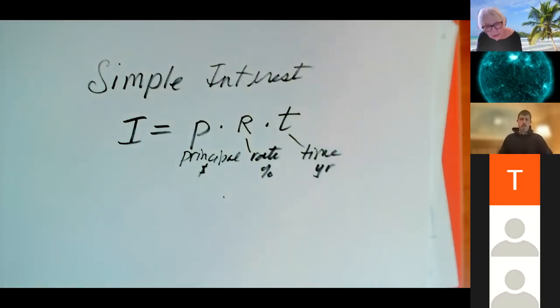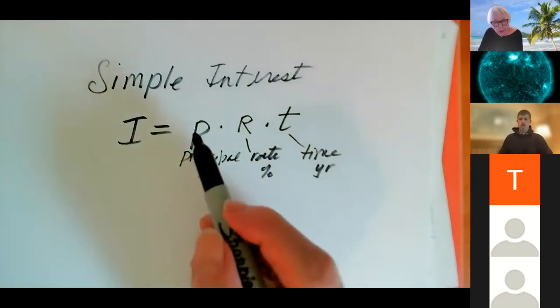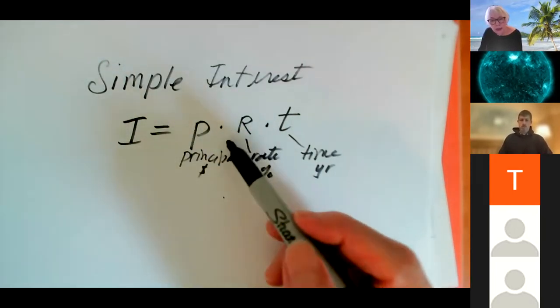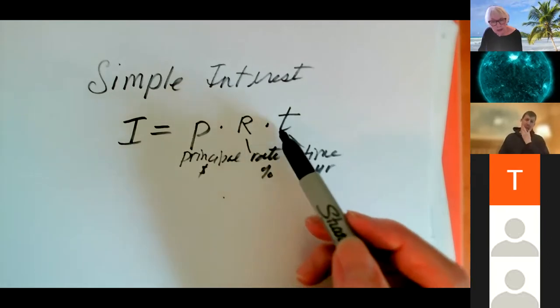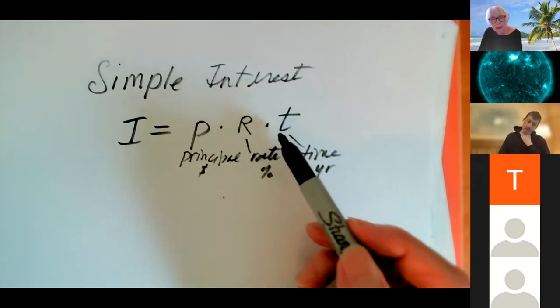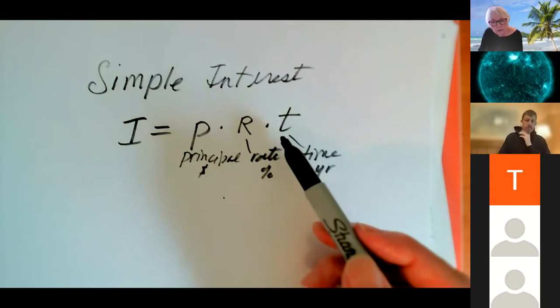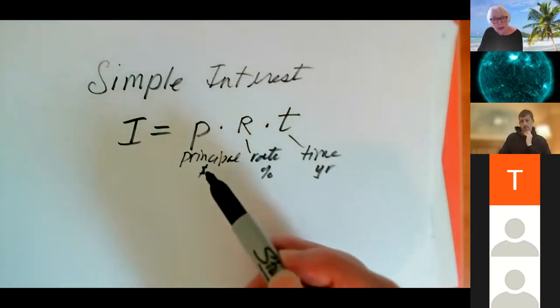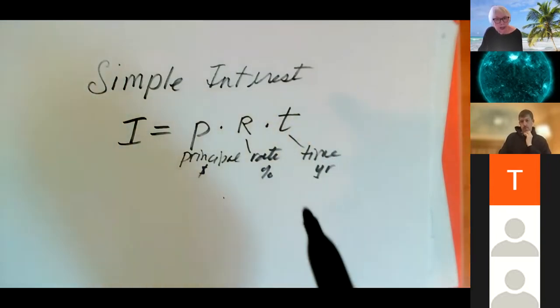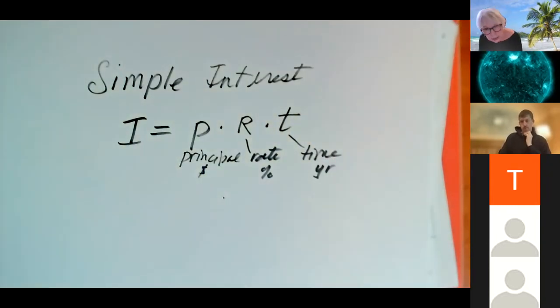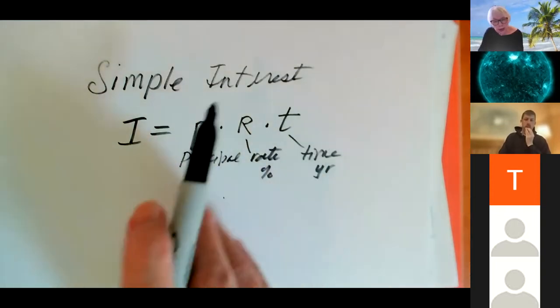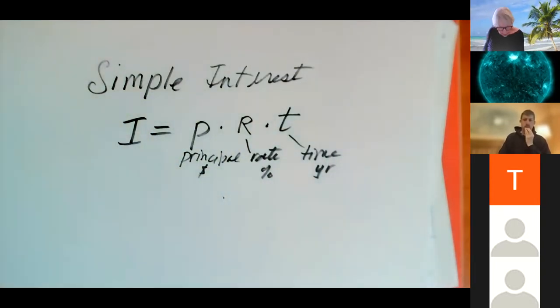If you bought something, how much did the car cost? What percentage rate were you given? What is the time? People have 5-year loans, 3-year loans, 6, I don't know. But typically that's it. Now, car loans tend to not be simple interest. But for now, this will help you remember the 3 items: principal times rate times time.